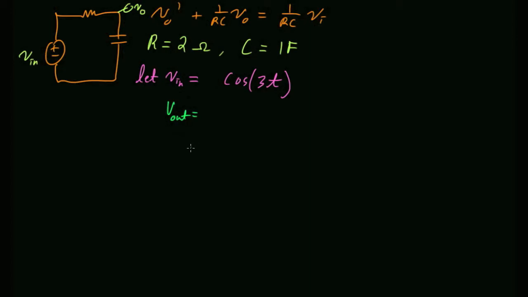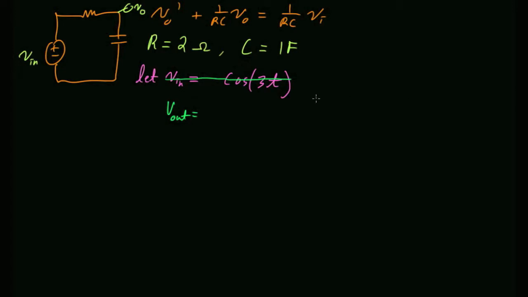Good. So here's what we're going to do. Instead of trying to solve for the solution when the input is cosine of 3t, I'm going to instead express my input as a complex exponential. So instead of solving this problem, I'm going to cross it out.